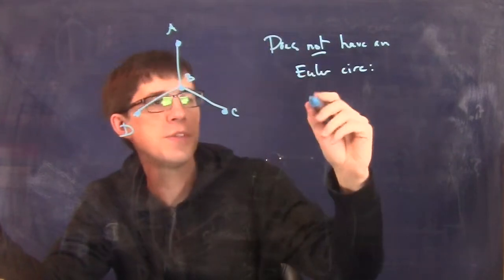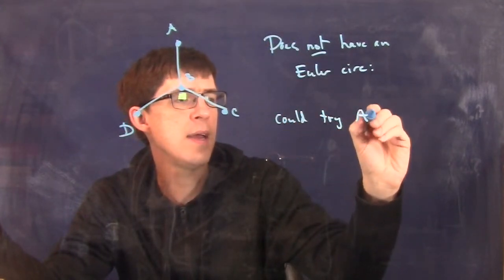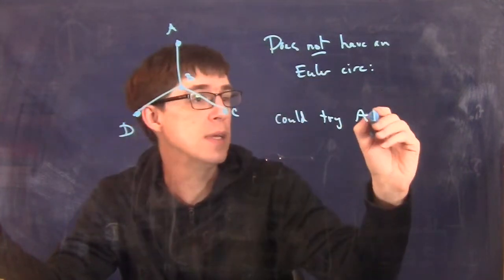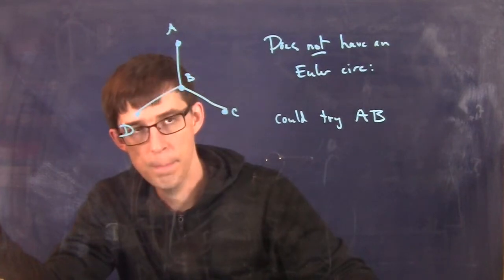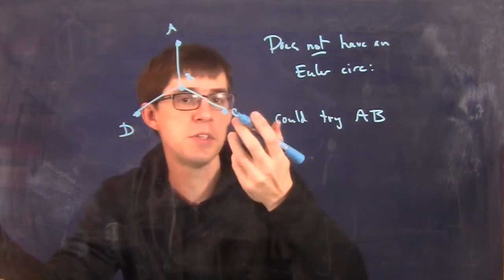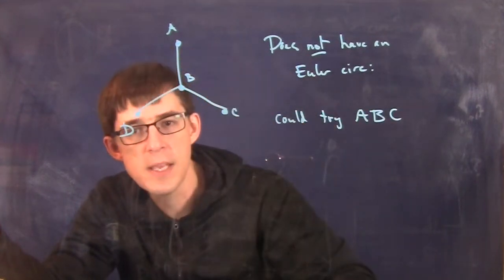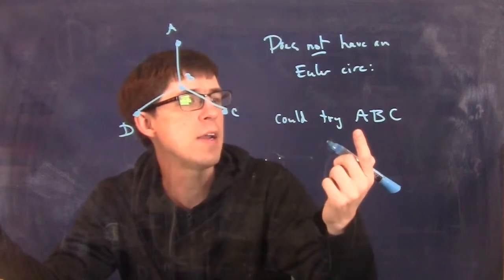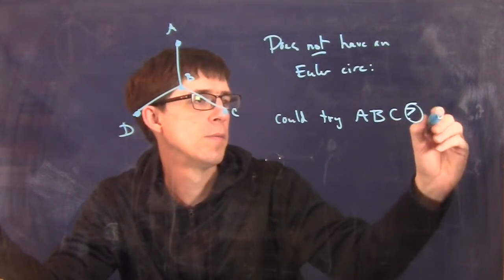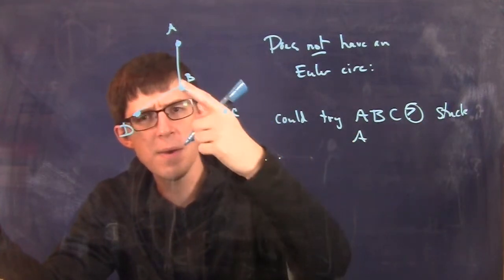Well, for instance, if we started at A, if you start at A, it must go to B next, right? Then I got two choices. I guess let's just say I went to C next. But then you'll be stuck, right? You're not allowed to use any edge more than once. You could try to go A, B, C, but then stuck, right? That doesn't work. Or is it because I went that way that was a bad choice?